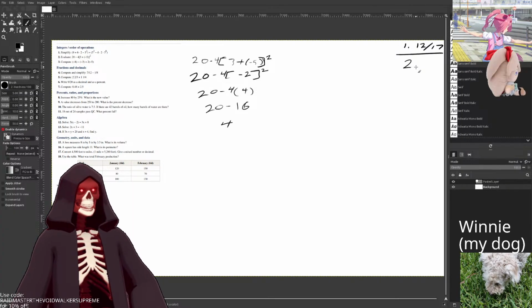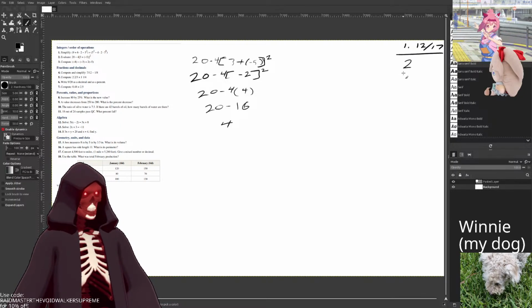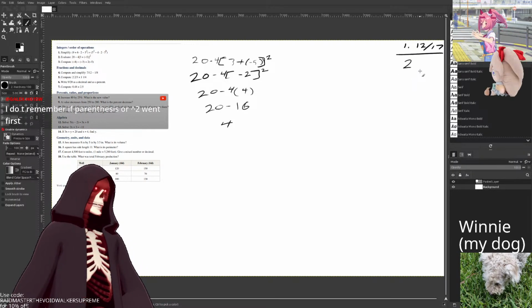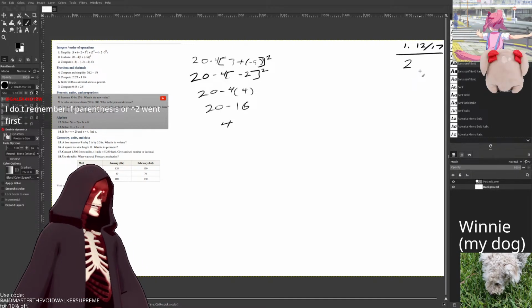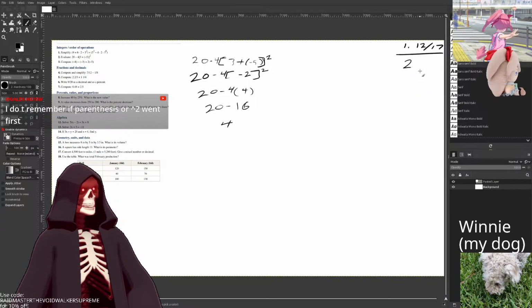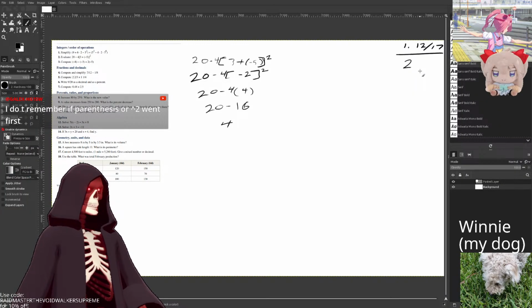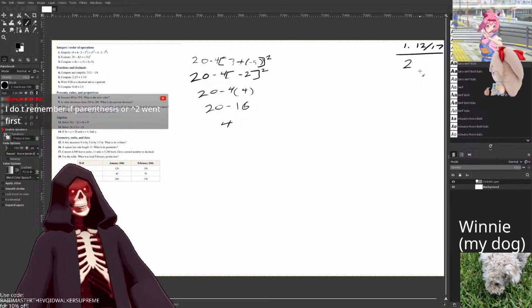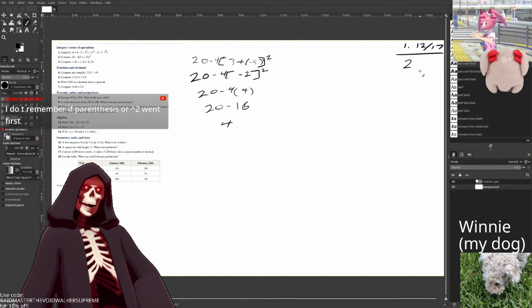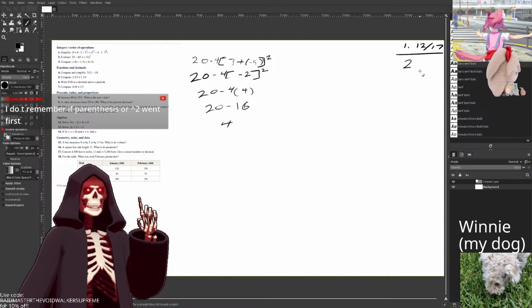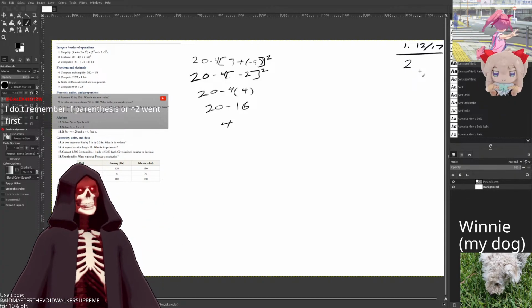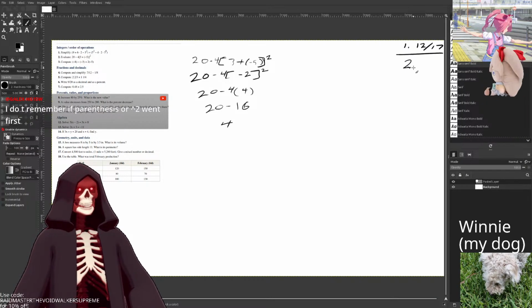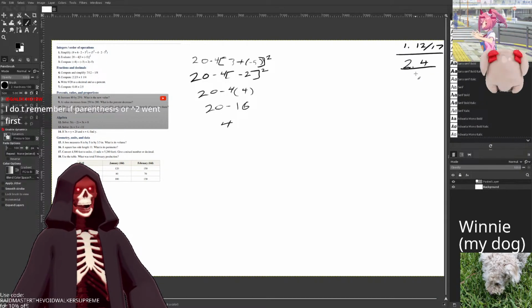So number 2, I don't remember if parentheses or exponents went first. Parentheses. It's parentheses, exponents, multiplication, division, addition, subtraction. It's in that order. So because of that, we do the parentheses first. And then we do the exponents. So -2 squared is 4.